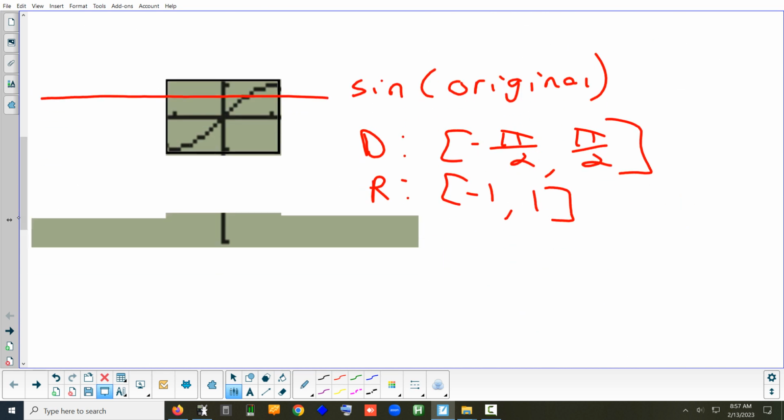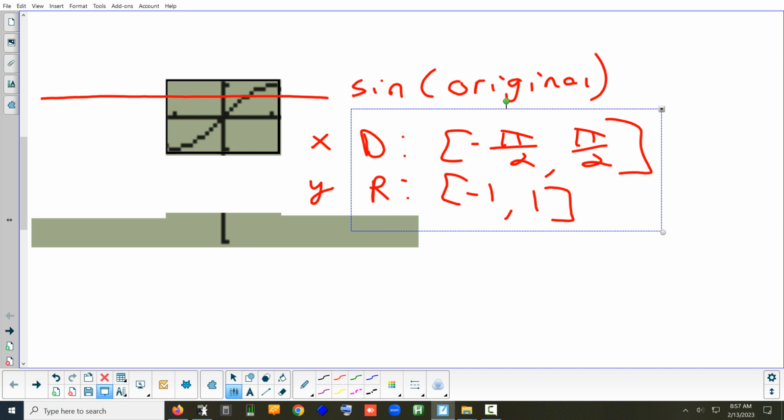So let's think about domain and range. Domain represents which letter? Your X's or your Y's? Those are your X's. And what about your range? Yeah? Your Y. Those are your Y's.